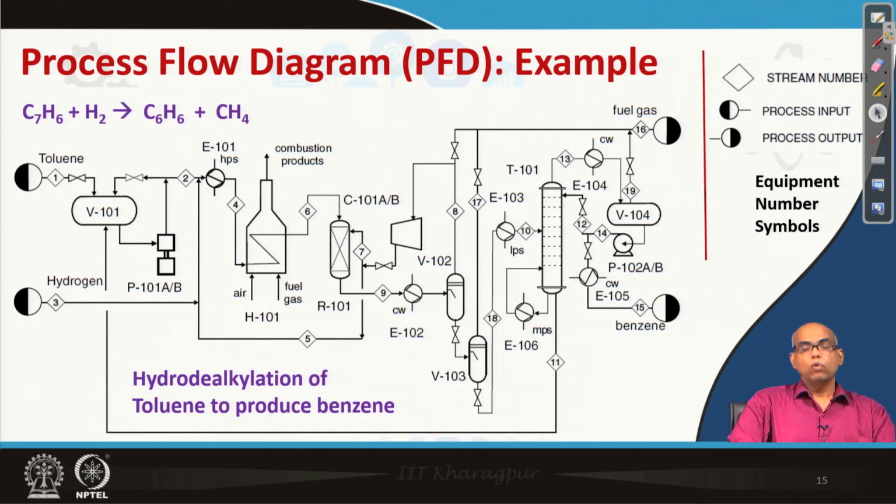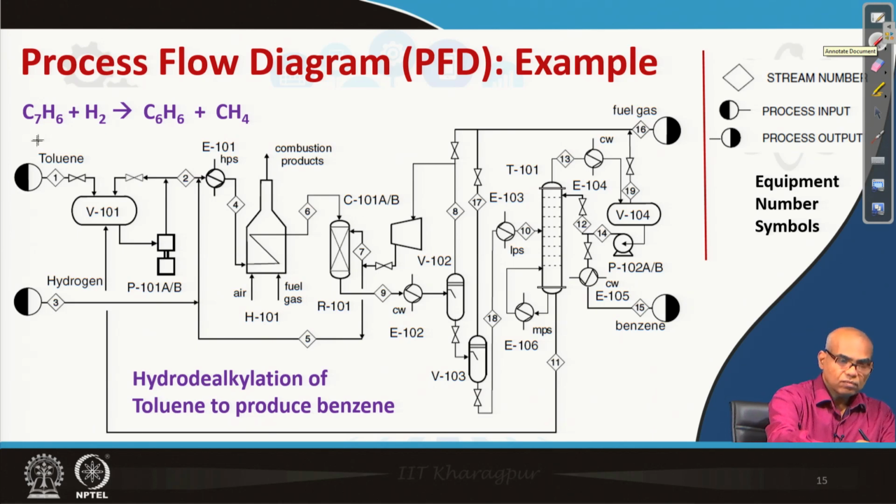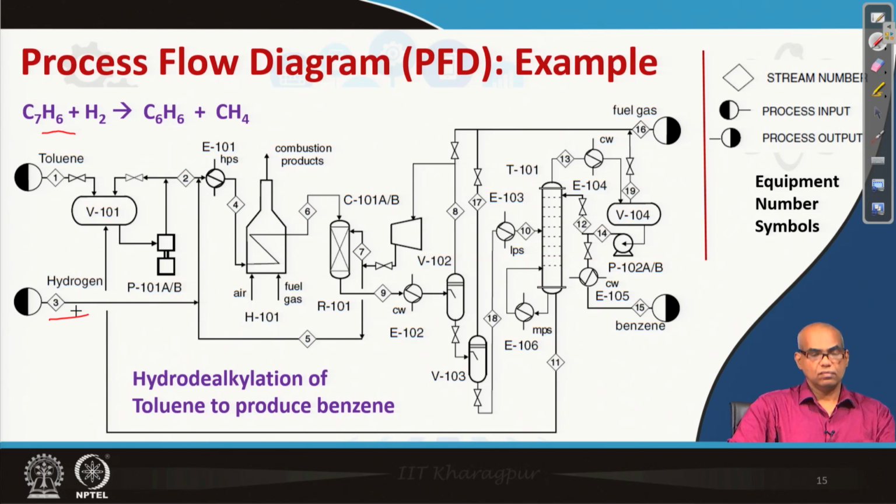Now, what you see is a process flow diagram for hydrodealkylation of toluene to produce benzene. Toluene and hydrogen react to produce benzene and methane.